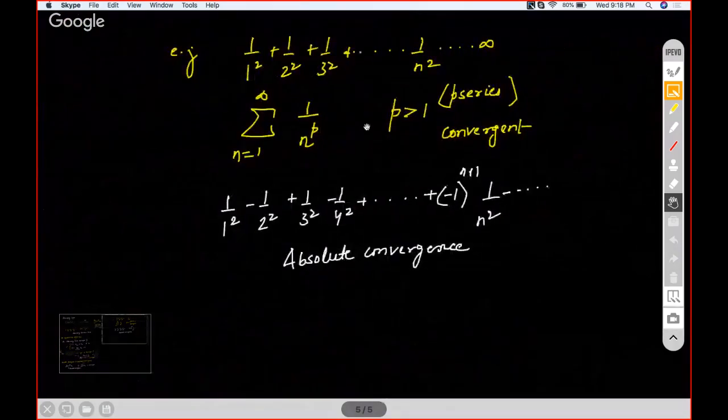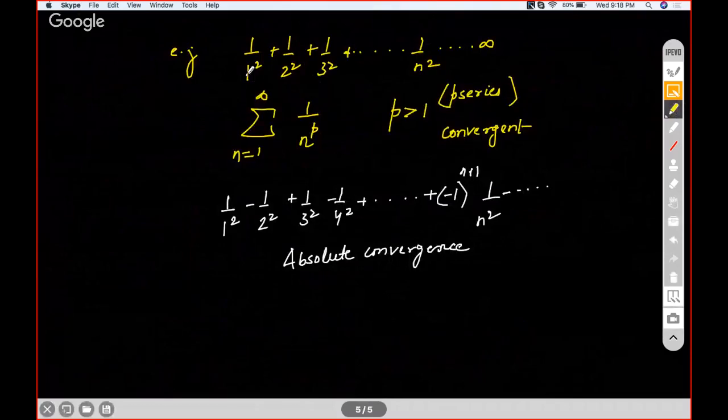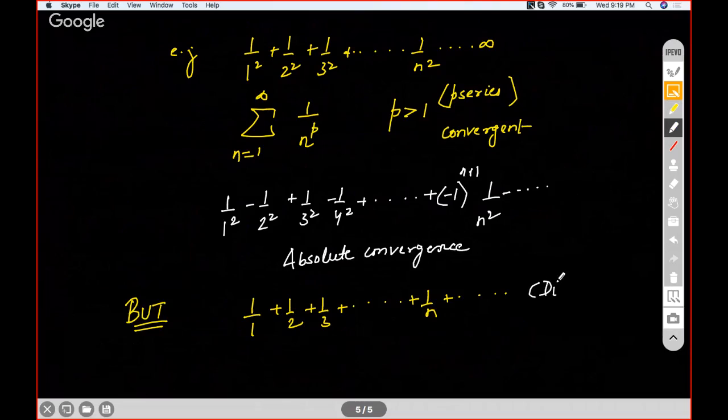If you take the modulus of all the terms in that series, and that series is also convergent, then that alternating series would be called an absolutely converging series. But try to take an example like this: 1 by 1, 1 by 2, 1 by 3, and so on, which is a harmonic series, right? We know from our experience that this diverges.